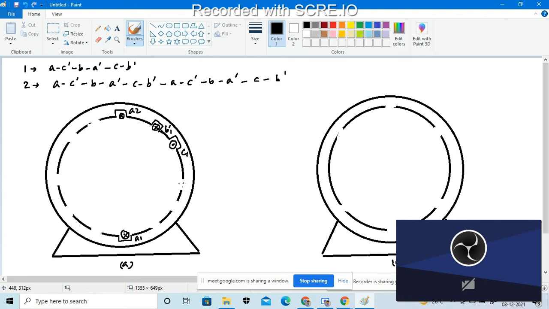Now again this will be dot. This is my A1 dash. This is again dot. This is my B1. Again this is cross, and again it should be cross. So it should be considered as C2 dash.